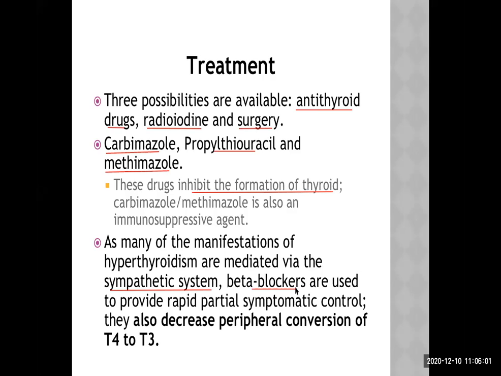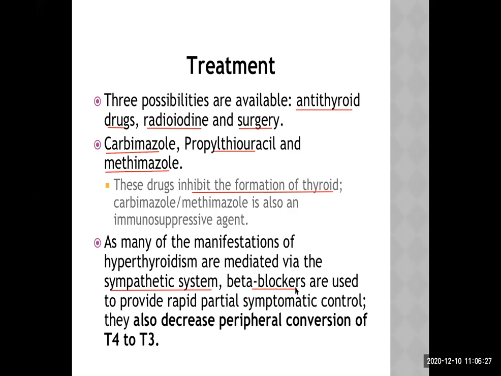So which are those beta blockers you want to use here? Yes, which are those drugs? Non-selective beta blocker. Exactly. Propranolol, labetalol. Exactly. We want to use a non-selective beta blocker like propranolol. That is the wonderful drug here.